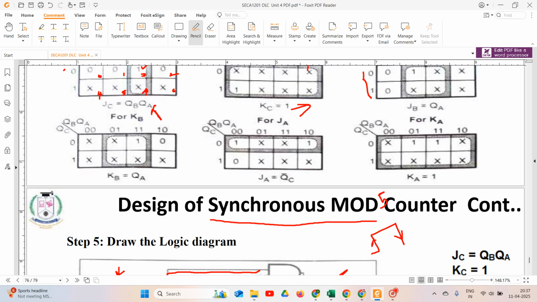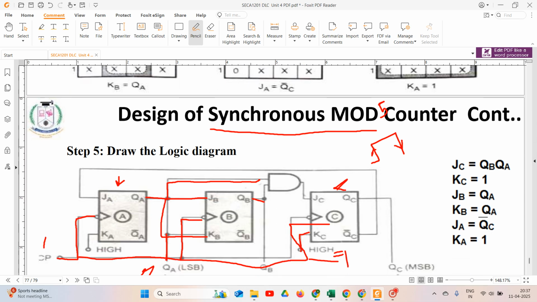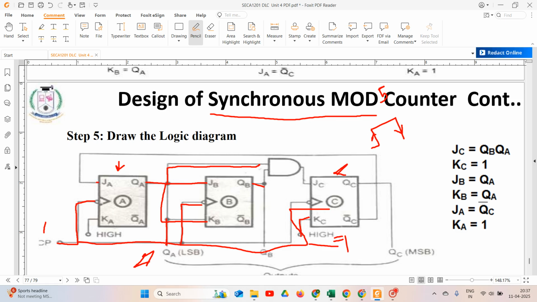JA is QC bar. For the JA input, we have connected QC bar. See here, we have taken the QC bar output. For KA, we have to connect high. It is equal to 1, right? So we have connected everything.